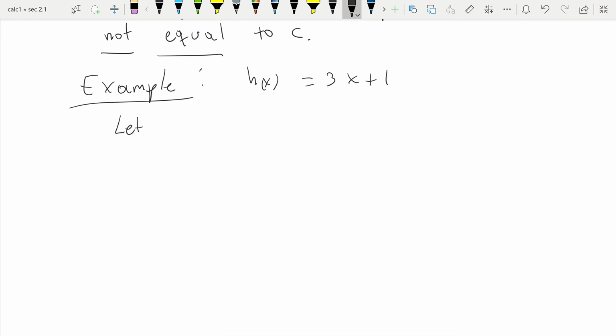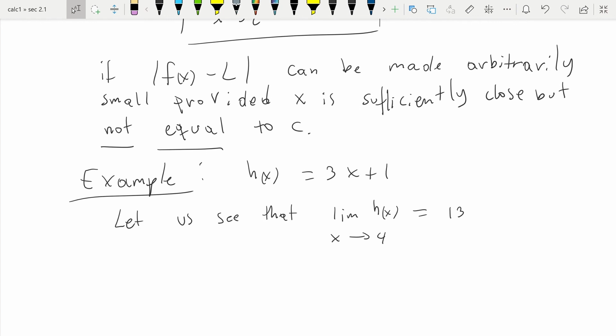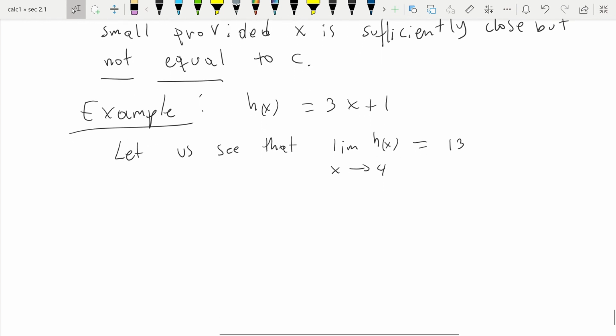We want to check that as x gets closer and closer to 4, h of x approaches 13. In fact, if you were just doing some formal estimation, you would look at what happens to this expression on the right.